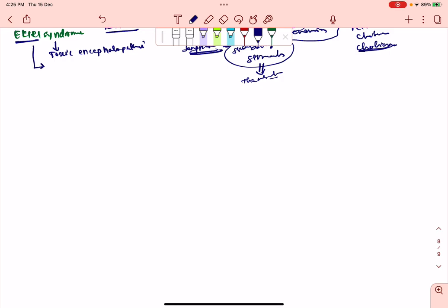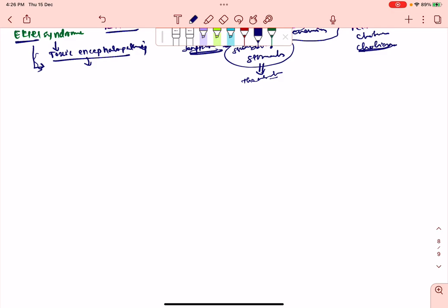Metabolic complications are present and neurological features are present: delirium, confusion. Why is there toxic encephalopathy? We have to understand the basic fundamentals. Encephalopathy is due to some metabolic defect, most commonly like hepatic encephalopathy and uremic encephalopathy. We have heard these things many times.